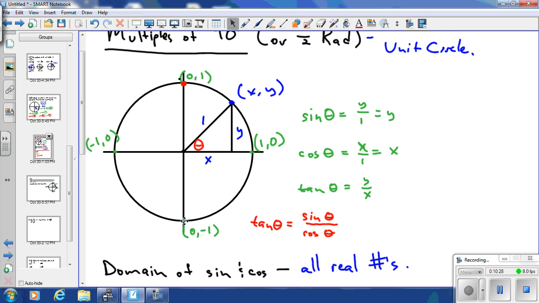At 270 degrees, or 3 pi over 2 radians, the sine would be -1, the cosine would be 0, the tangent would once again be undefined because you're doing -1 divided by 0. Then when you get up here to 360 degrees, or 2 pi radians, the sine is 0, the cosine is 1, the tangent is 0 divided by 1, which is 0.